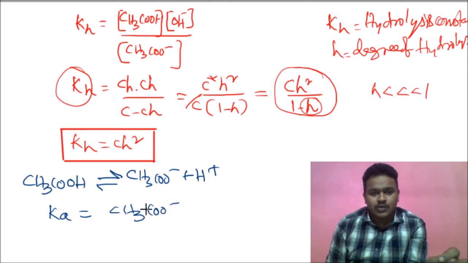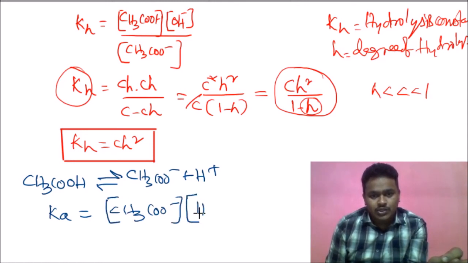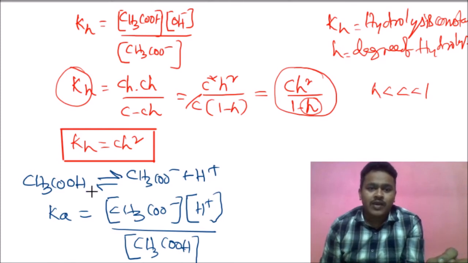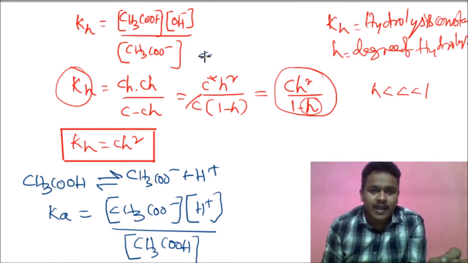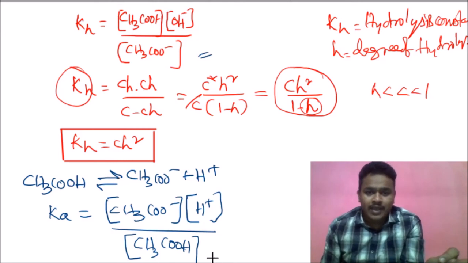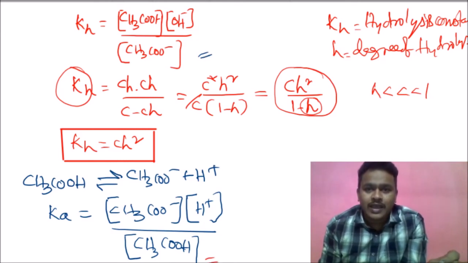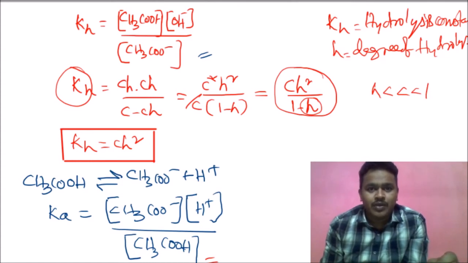CH3COO minus concentration, the products, these two are the products, by the concentration of the reactant. What is the reactant? CH3COOH. Now I have the Kh expression in my hand, and I have the Ka expression in my hand. What will I do in the next slide? I will multiply these two, Kh into Ka.